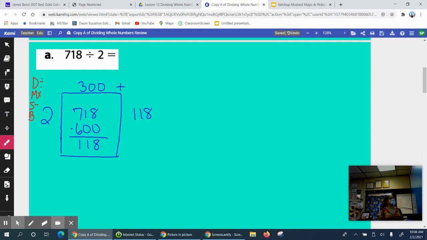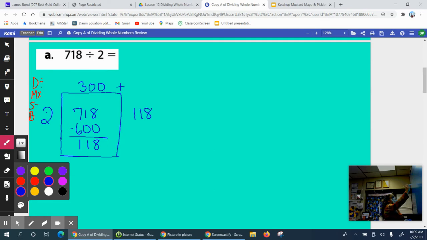Huh? Where'd I get the 300? I said how many 2s are in 7? What place value is it? Where did you get the 600? 2 times 300. I multiplied. So if you can remember, divide, multiply, subtract, back to the beginning, that's what you're doing every single time.